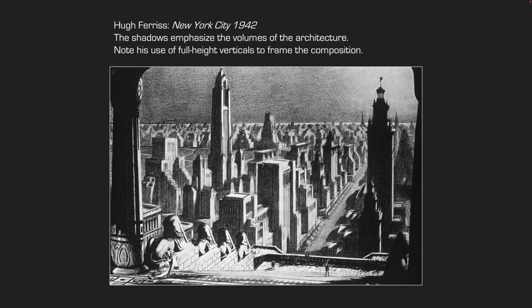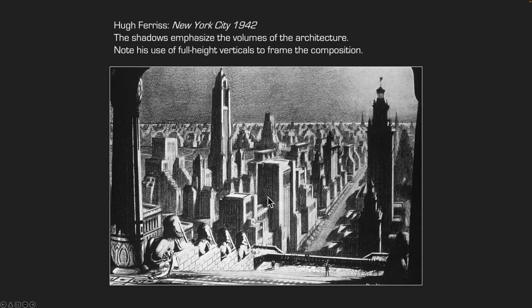Hugh Ferriss is an architect and illustrator who we've looked at particularly when we looked at black and white, because his black and white drawings and engravings are just masterful. But if you look at this view of New York City, his sun is somewhere back here, so all the buildings are lit on the side, but the facade that's facing us is in shadow.